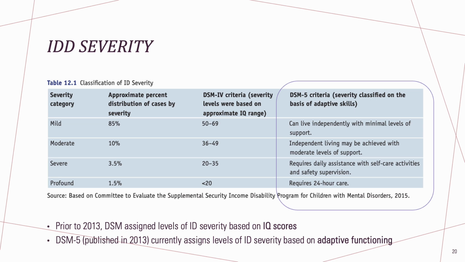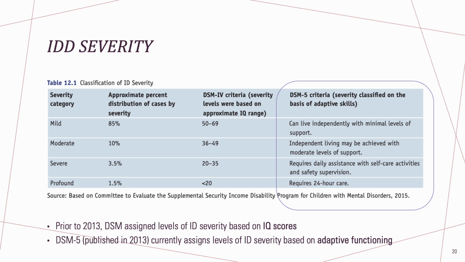So when we talk about the severity, we have mild, moderate, severe, and profound, just like we saw on the previous table. But what that might look like in terms of adaptive skills with respect to DSM-5 criteria is that within the mild severity category, we might see an individual who can live independently with minimal levels of support.